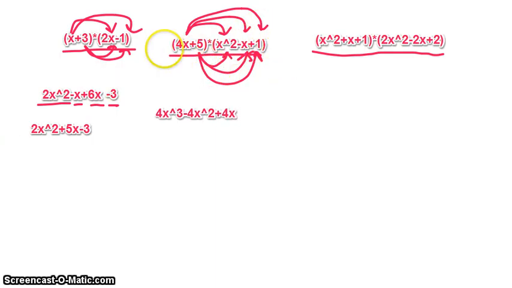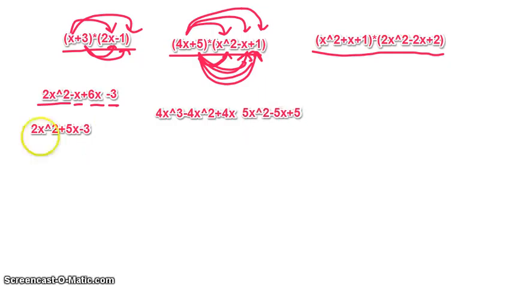Now you move over to the 5, and then you do 5 times each of its three separate terms, as shown there. The first one would give you 5 times x squared, which would just be 5x squared. 5 times -x would be minus 5x, and then 5 times 1 would be a positive 5.